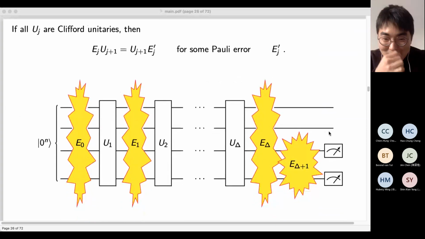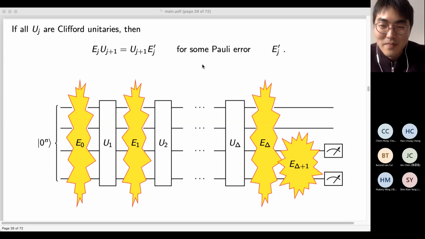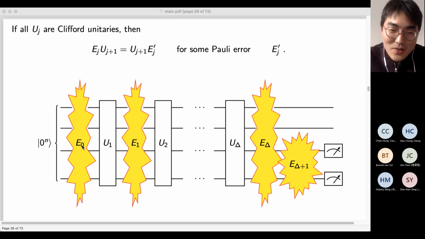But here, if we only consider Clifford unitaries, then there is a rule like EJ times UJ plus 1 can be written as UJ plus 1 times EJ prime for some Pauli EJ prime. Using this trick, we will commute all the errors from E0 to E delta minus 1 to the next to the unitary U delta.